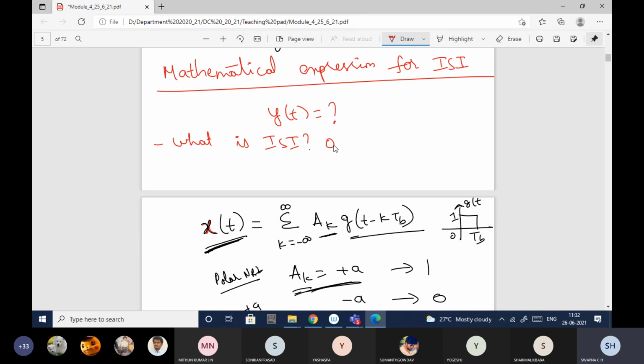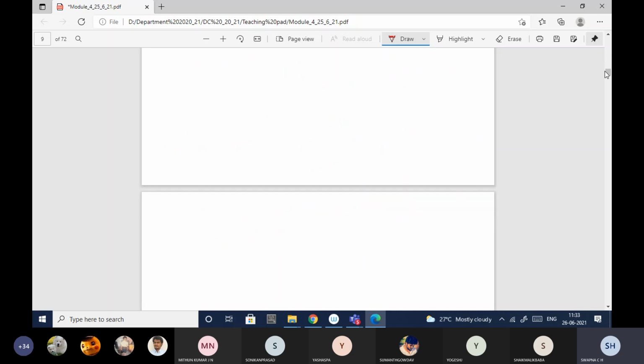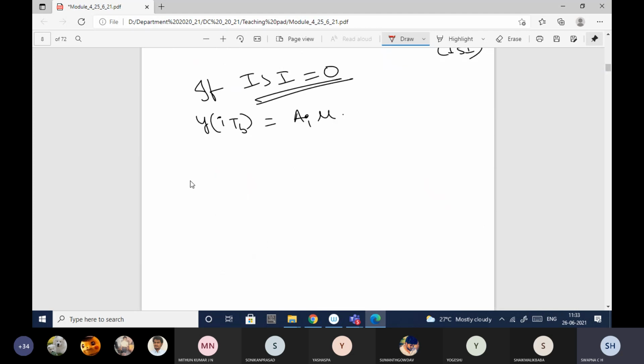Obtain or develop, you may even see the word develop, in the sense you need to obtain the expression of the output of the filter with ISI. For this, you need to explain all this derivation until the last step, until here.